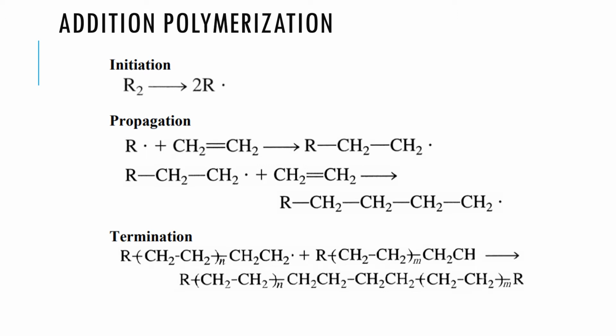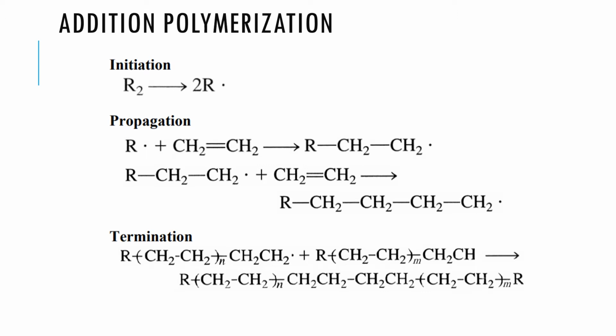You can see that in the propagation step, that reacts with an ethene monomer. And if you follow the propagation step through, it initiates a chain. And there is now a free radical involved in the next step, which is able to react with another ethene molecule and grow the polymer chain.